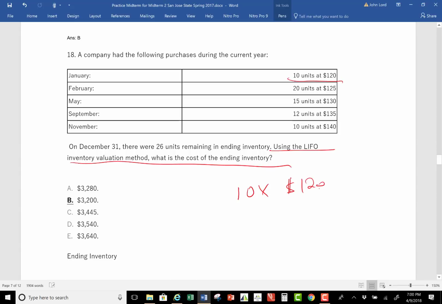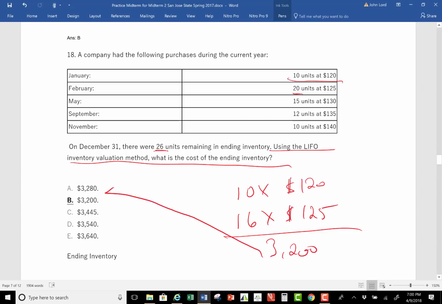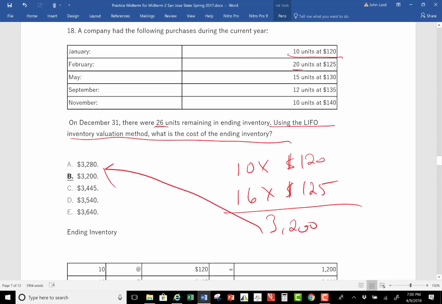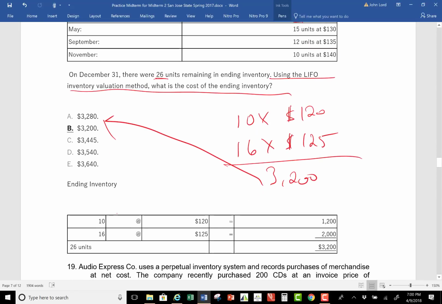How many do we need here? We need a total of 26, so I guess we need 16 of these at $1.25? Okay. So when we add that all up, we should get this number, 3,200. Right?